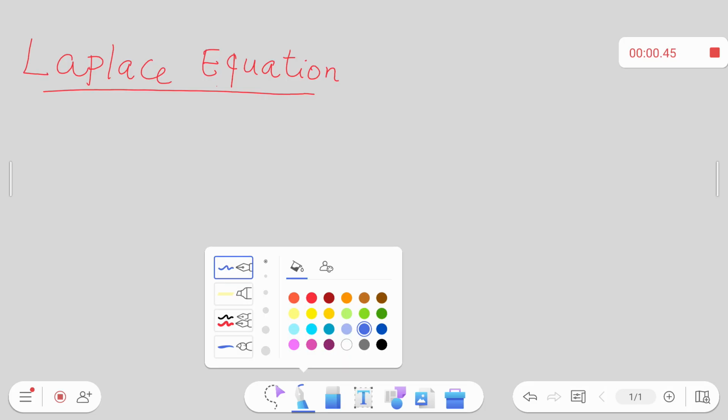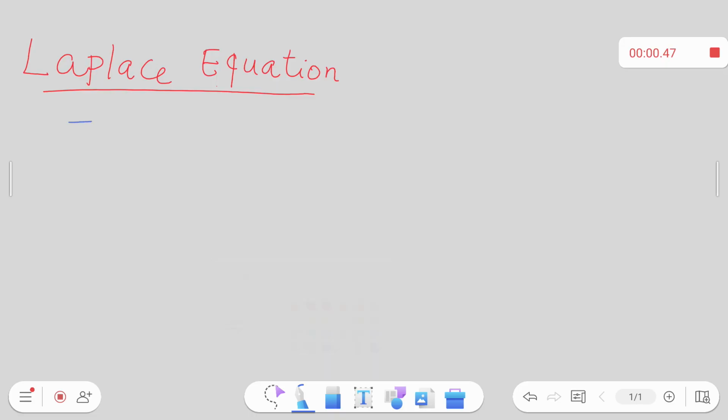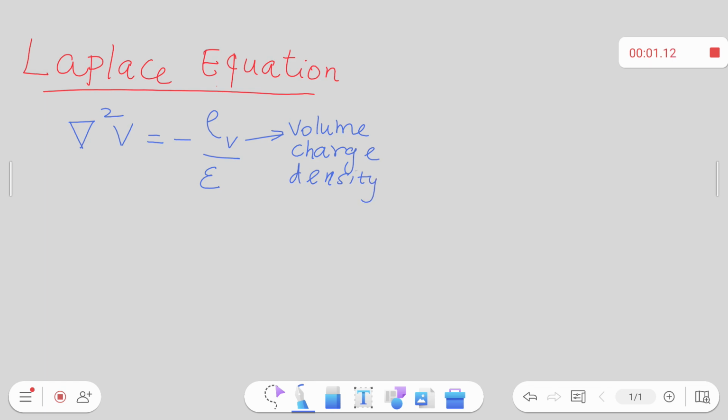So Laplace equation is derived from the Poisson equation, where the Poisson equation says del square V is equal to minus rho V by epsilon, where this rho V is the volume charge density.